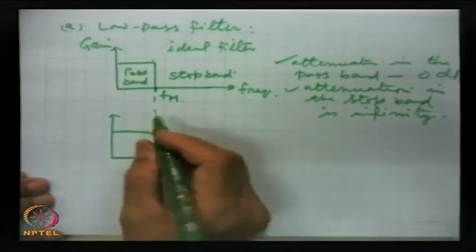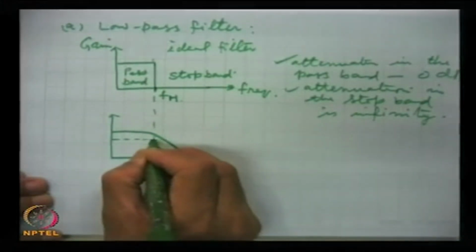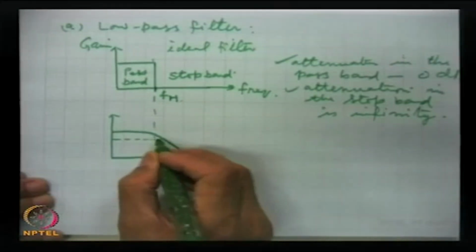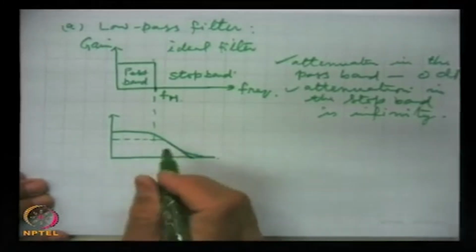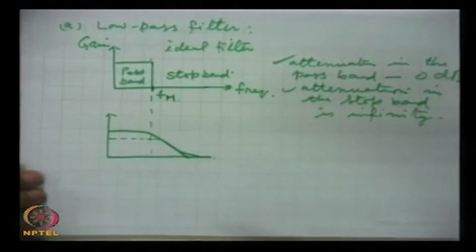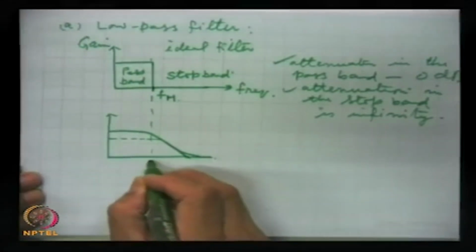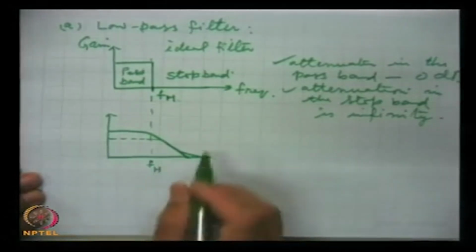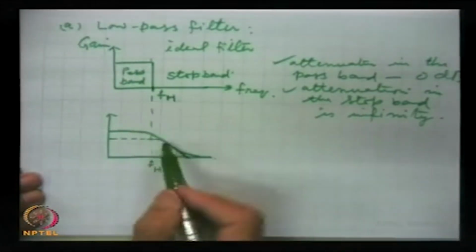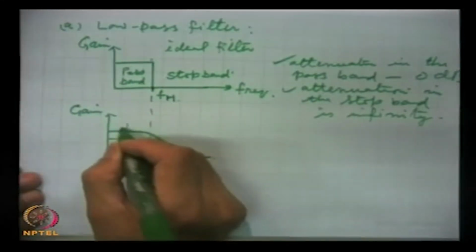Here this frequency is FH, and here this gain has a 3 dB fall.